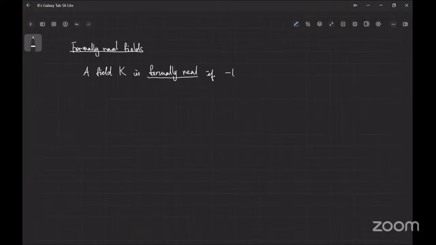If -1 is not equal to any finite sum of squares, for any m, any x_i in K. Okay, so we cannot write -1 as a sum of squares. All right, so that's called a formally real field.